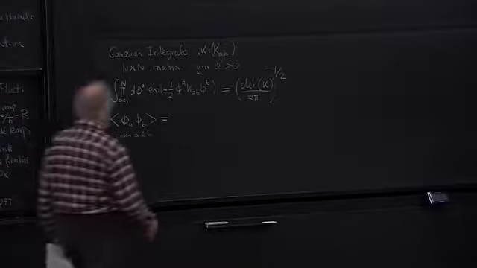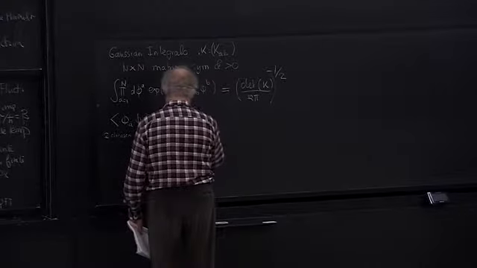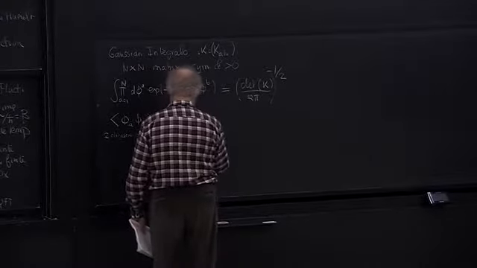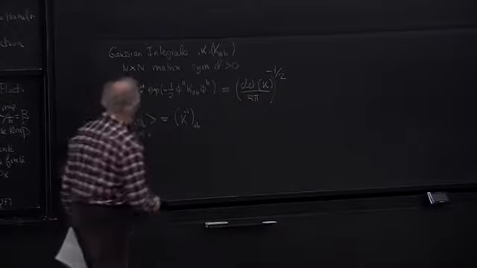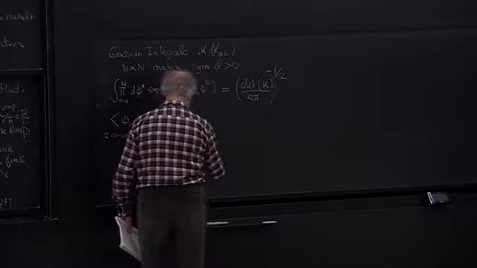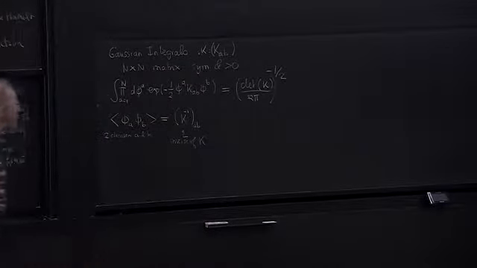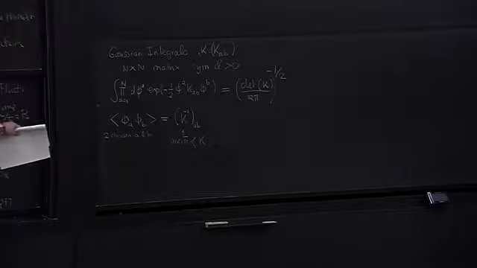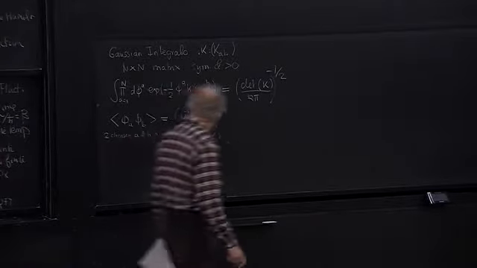It is known that this is the matrix element AB of the inverse of the matrix K. Okay? I can show you that, but I hope you have seen this integral.